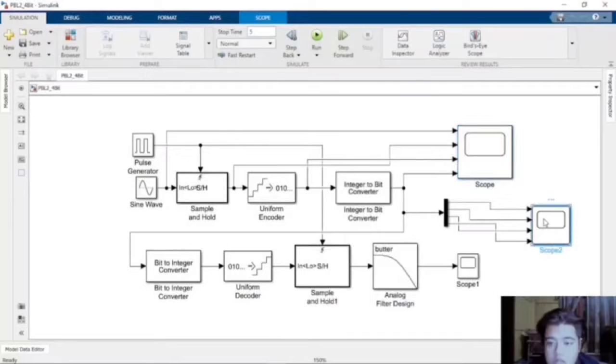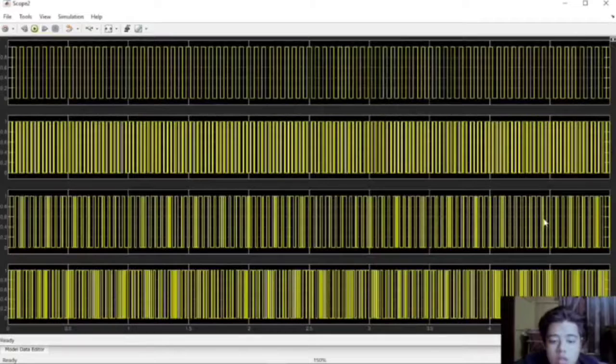Next, this is the waveform of the encoded signal.